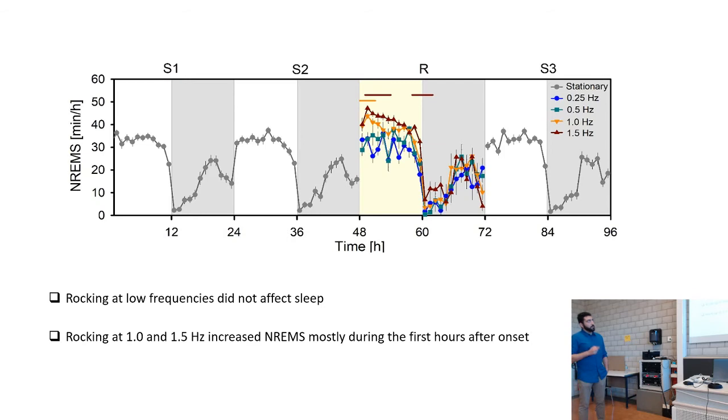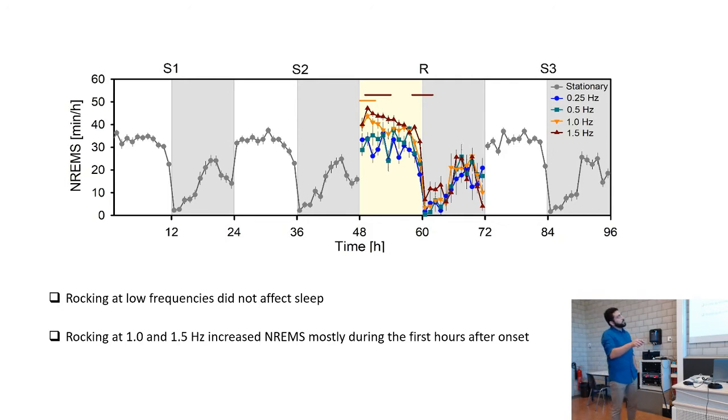This is the first observation we had. In blue you can see, first of all, these are hourly values of sleep, so how much time they spent every hour in non-REM sleep. And in gray it's the average of the stationary baseline, so no rocking at all.